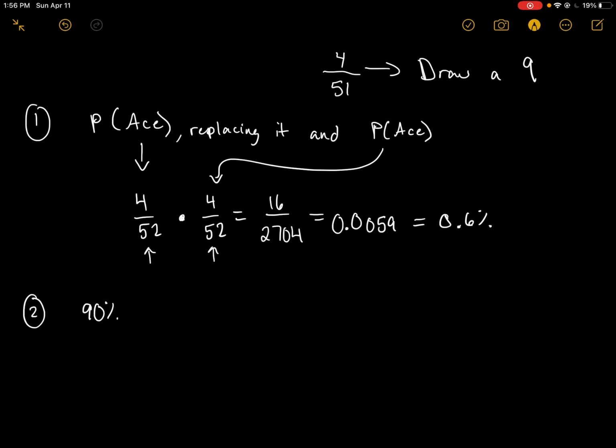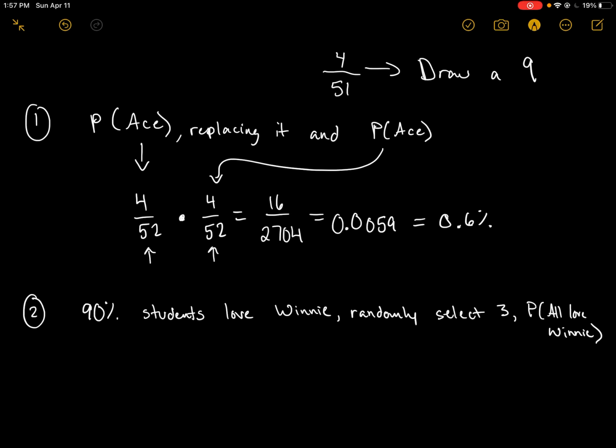A second probability would be, let's say, 90% of students love winning. And we're going to say we randomly select 3. What is the probability that they all love winning?